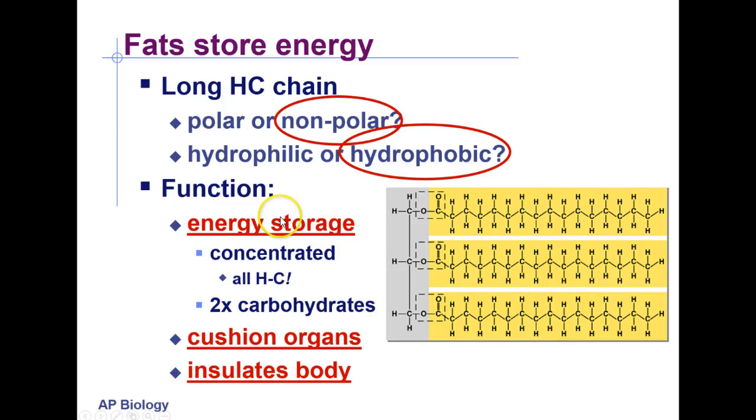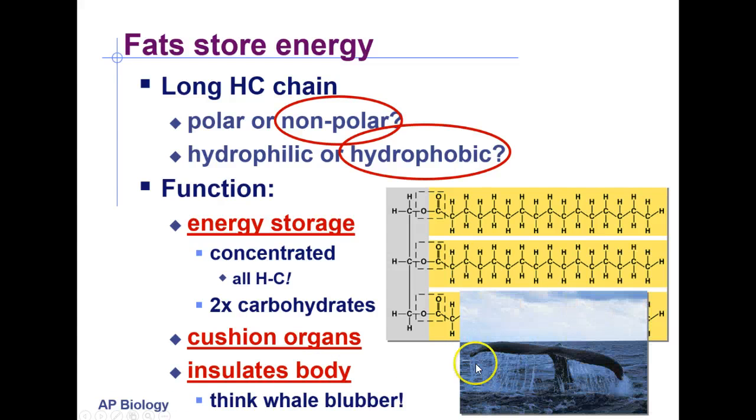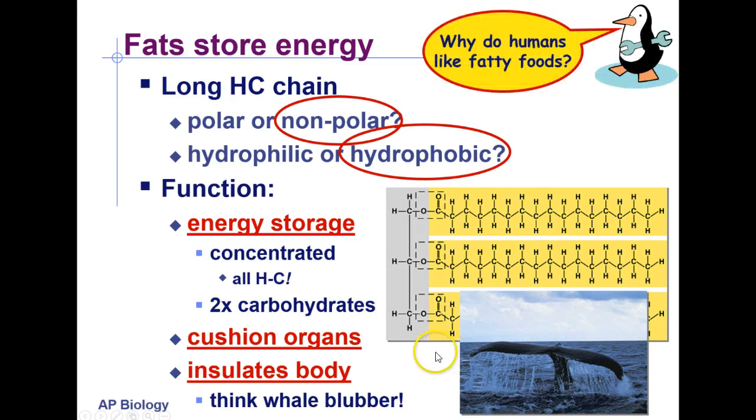Well, we know what can happen when we eat too much fat. It can get stored. All that concentrated energy stored up can puff up those fat cells and cushion organs and really insulate your body. Think whale blubber. Why do you think we like fatty foods? That's a good question from the penguin up here. Well, I guess that's evolution's way of kind of like protecting us.